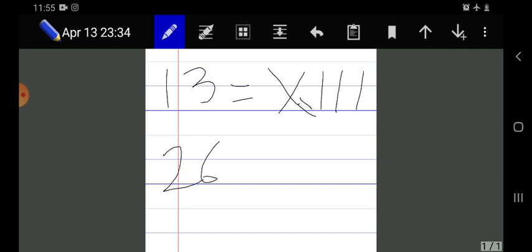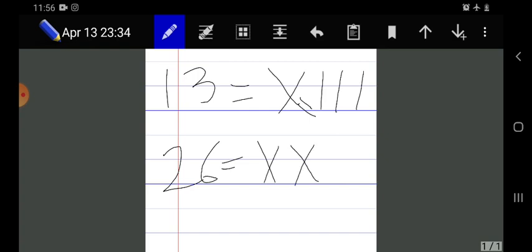Next one is 13. 13, that means X, I, I, I. So the answer is XIII. Next is 26. For this we will mark two X's, that is 20, then V, 25, and I. Okay, I'll write it again as the space is not proper.